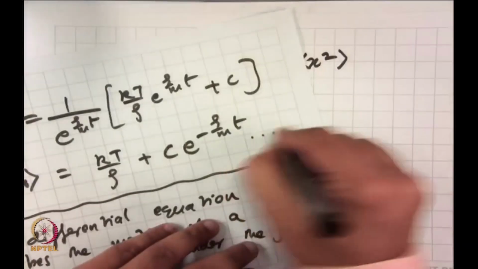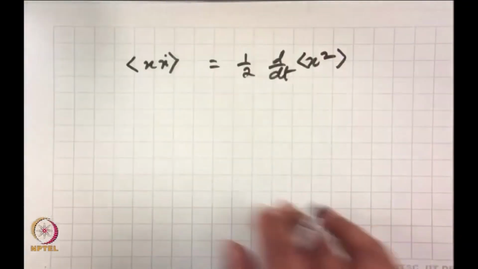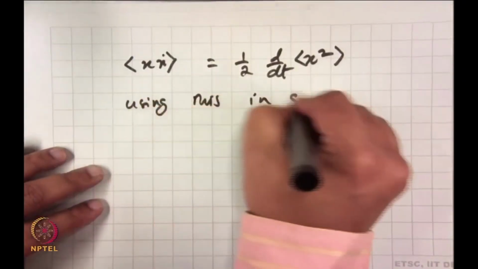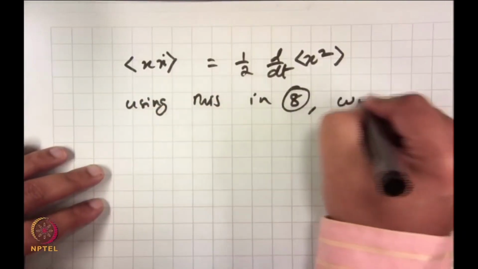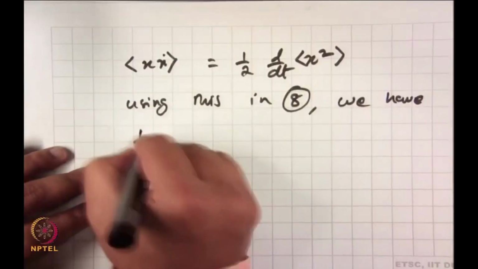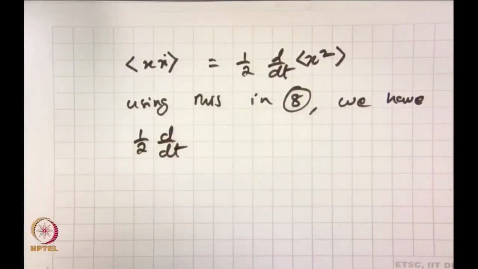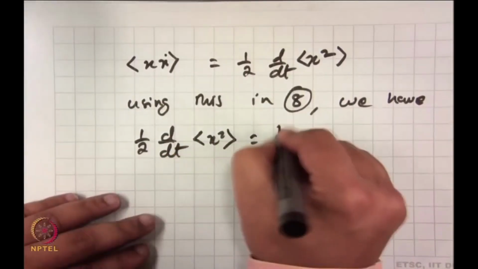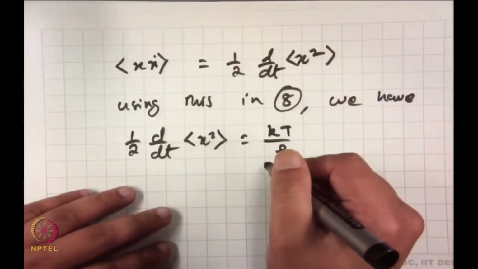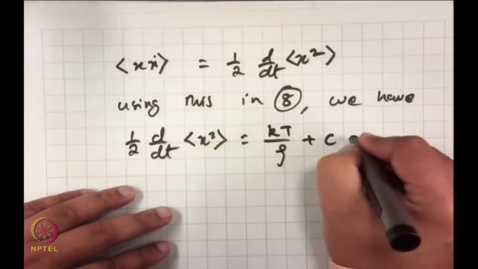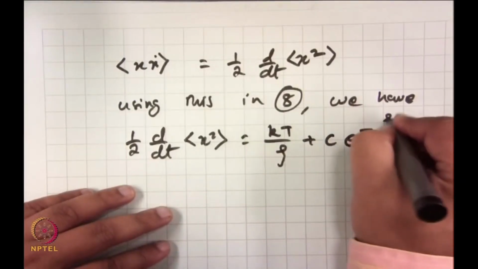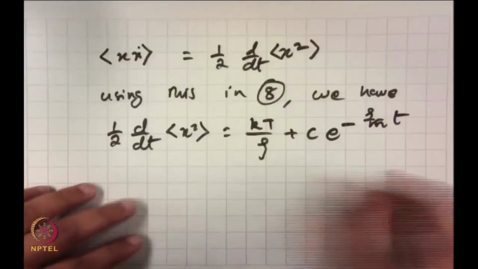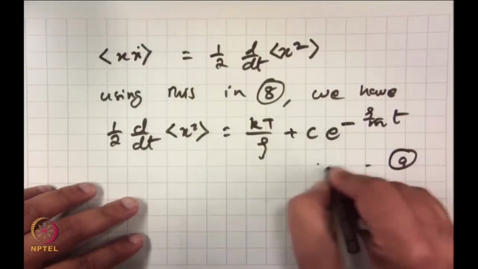If I put this equation as 8, then using this in 8 we have half d/dt of x squared is equal to kt over xi plus c e to the power minus xi by m times t, and this would be 9.